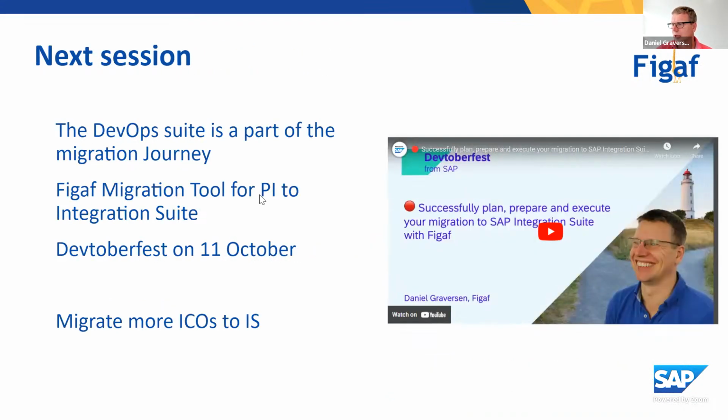Good. I do have a session coming up in 2 weeks where we'll talk more about the migration journey and how you can work to migrate a lot more of your ICOs in a seamless way.